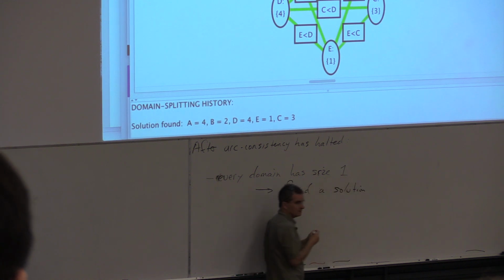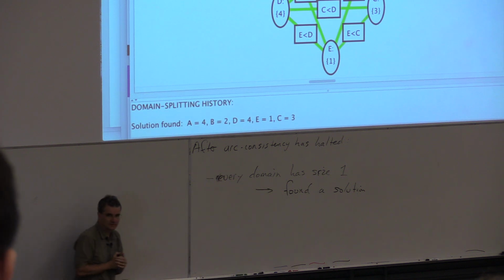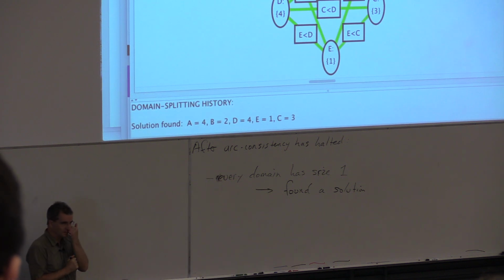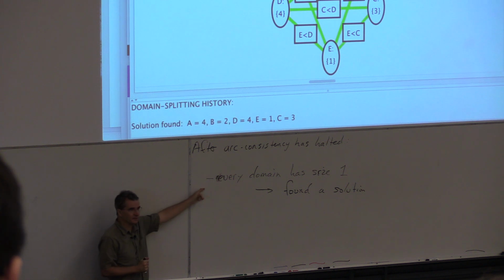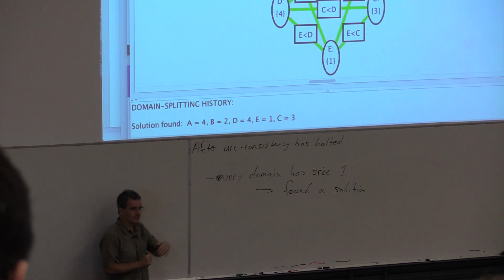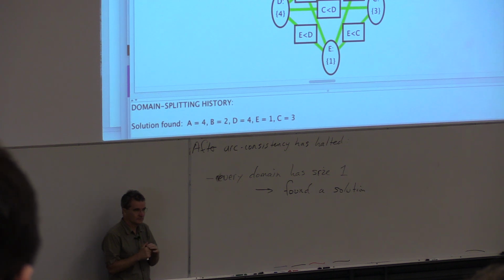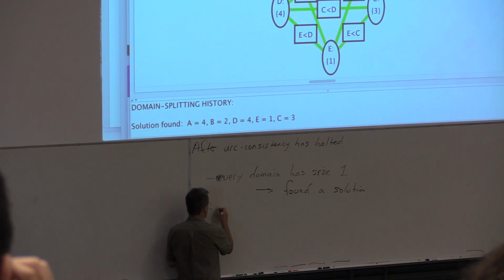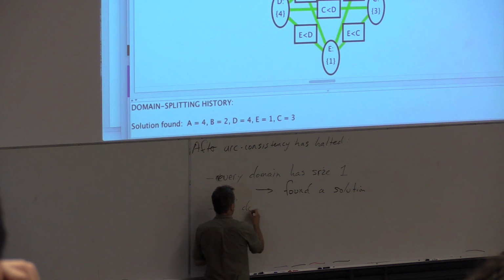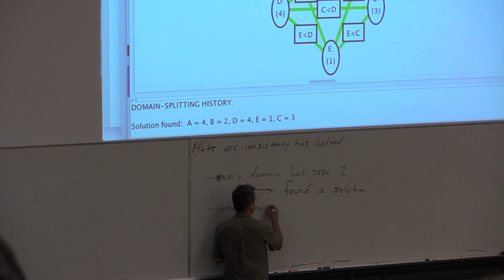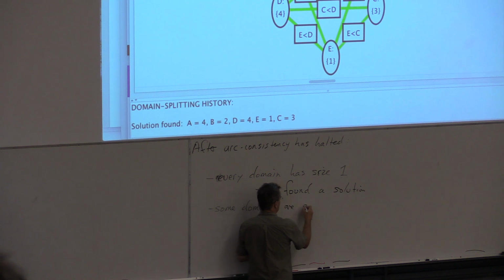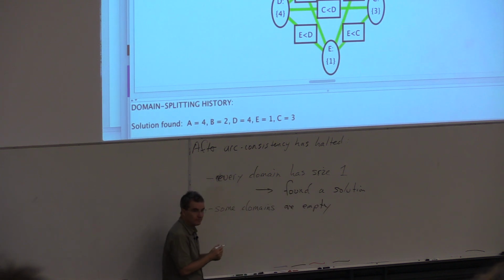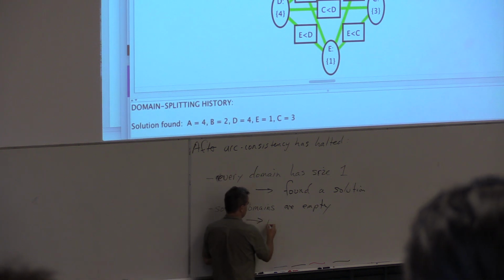What else could happen? This doesn't always happen. What else happens sometimes? Some domains have size 0. All right, some domain is empty. Then what happens? There's no solution, right?